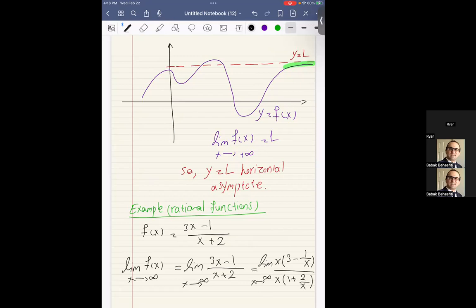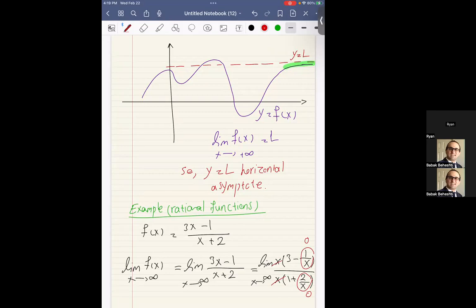Now, first of all, we can cancel out x with x. So they cancel out each other. Second of all, 1 over x, when x goes to infinity, is 0. When x goes to infinity, this guy is 0. This guy is also 0. So at the end, we have a 3 on the top and 1 at the bottom.